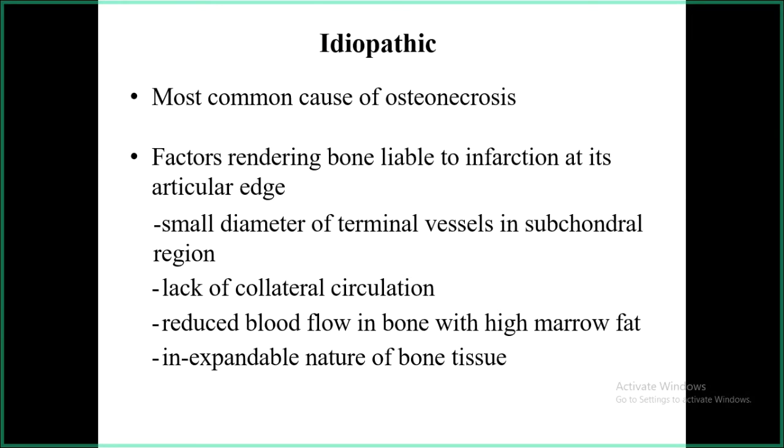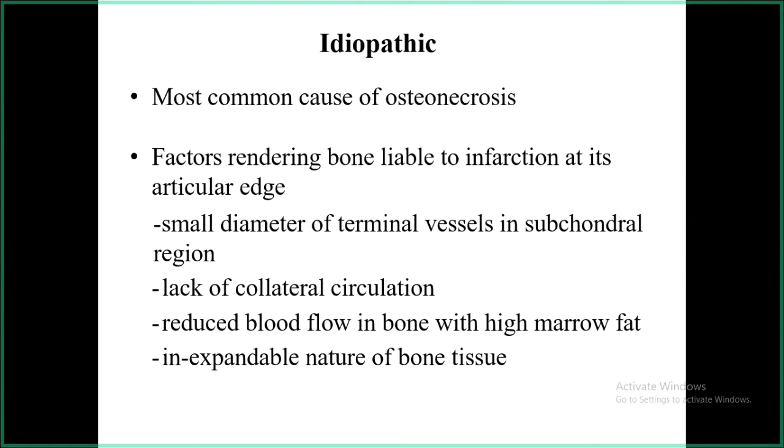Idiopathic causes. The most common cause of osteonecrosis is idiopathic. The factors rendering bone liable to infarction at its articular edge: first, the small diameter of terminal vessels in the subchondral region. Second is lack of collateral circulation in the subchondral region.